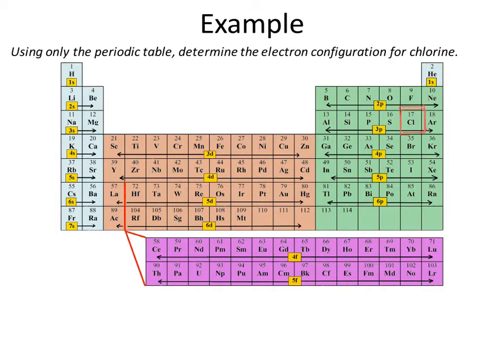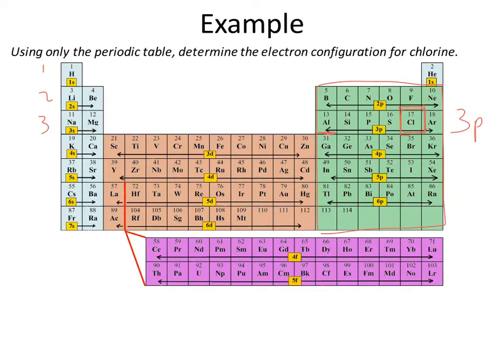So what we know is that its valence electrons, its outermost electrons, are going to be, well, first of all, this is 1, 2, and 3. It's going to be in energy level number 3, and the last electron to be placed is going to be in this block over here, this green block, and we know that this green block is going to be P. And chlorine is also the fifth element in the P block.